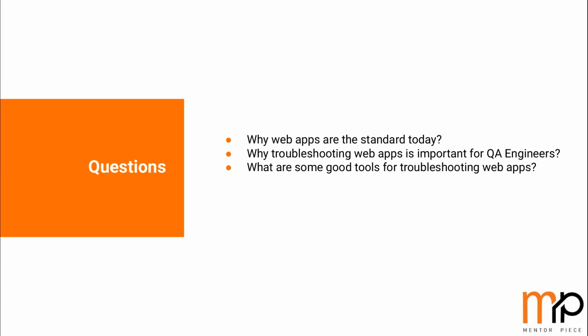So why do you think web applications are the standard today? Yes, when you think of most of the social networks and applications in general that you use every day, most of them are web applications. Of course, many of them are also smartphone apps.